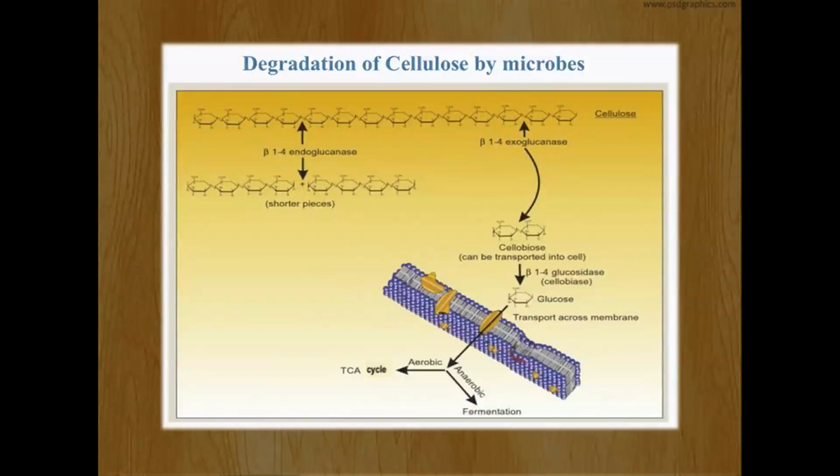Now since cellulose is macromolecular in structure, it cannot be taken up by the microbial cell. As a result, these enzymes cleave the cellulose molecule into smaller molecules, and these smaller molecules are then taken up by the cell, and the cell uses them for its respiration.